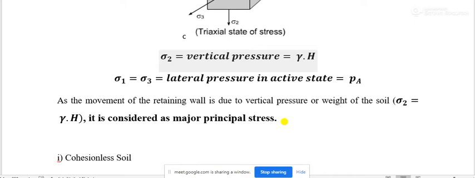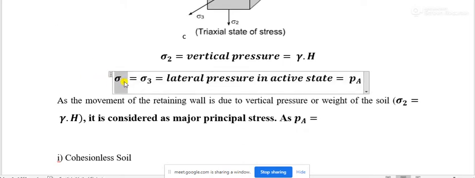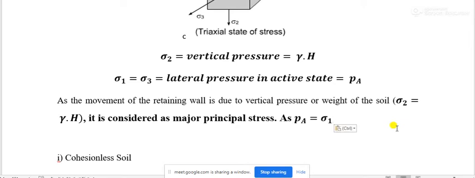I can write this thing also, that PA, or maybe you may say this is sigma 1. Sigma 1 is decreasing. This statement is very much important.